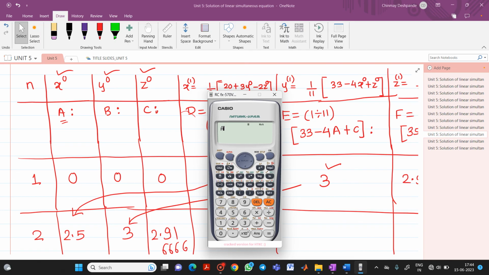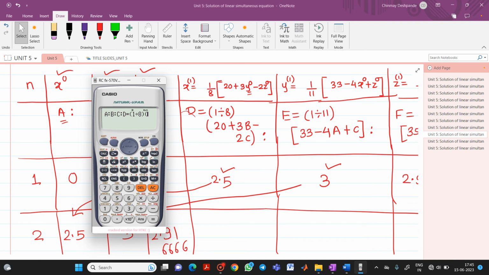A colon B colon C colon D equal to, into bracket 1 divided by 8, into bracket, what was your equation of D? 20 plus 3 into B minus 2 into C, bracket will be completed.